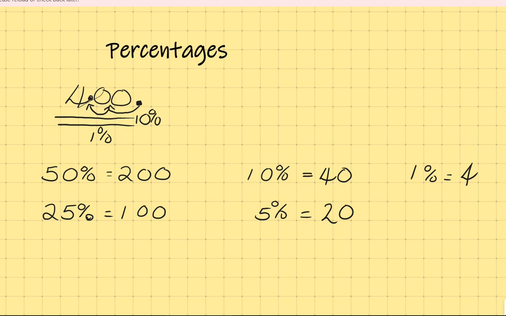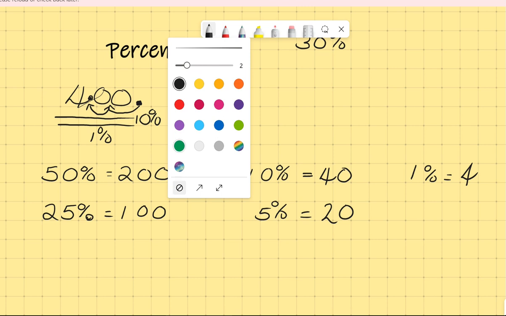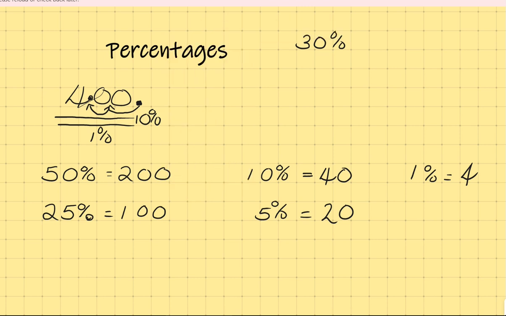So working off that and these numbers then, someone might say to you, well, what's 30% of 400? So let's see if we can work this out now. Let's just write 30% up here so we know what we're working with. So 30% of 400. Now there's several ways here, and everybody works differently.